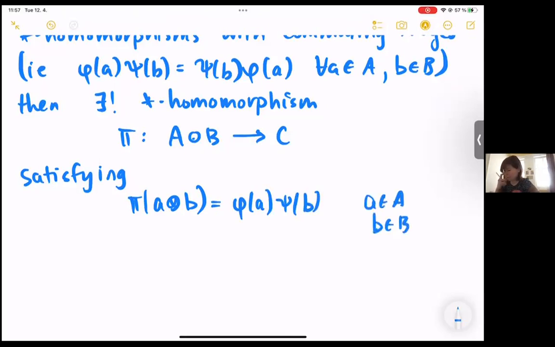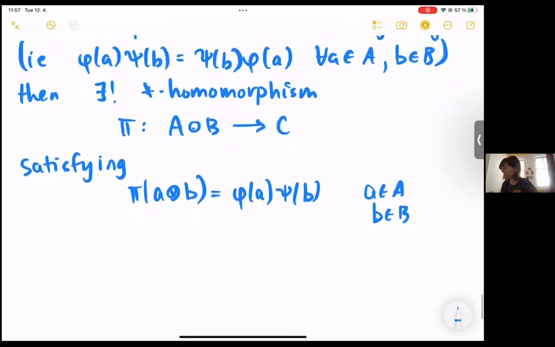So again, if we show that this homomorphism exists, then uniqueness is automatic because we've defined it on these generators.